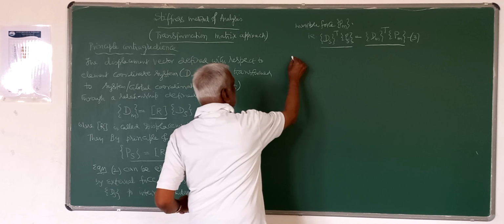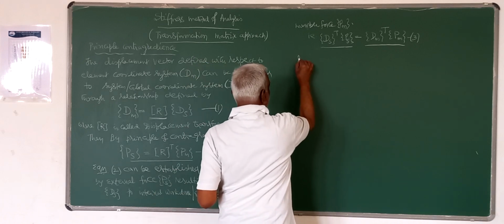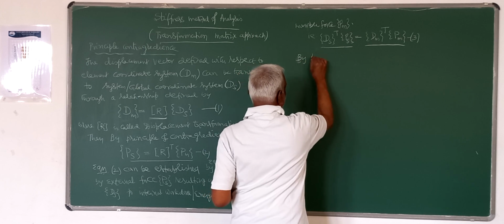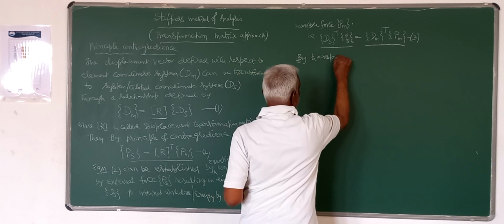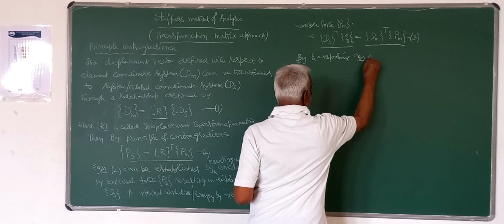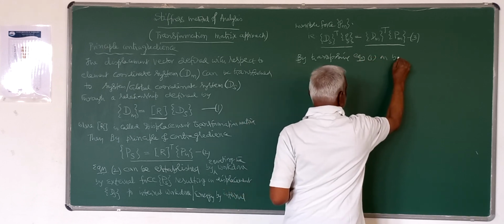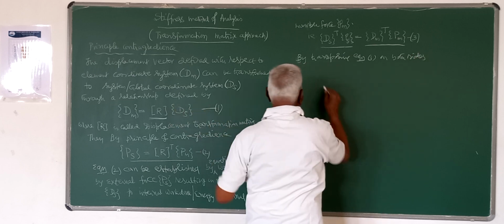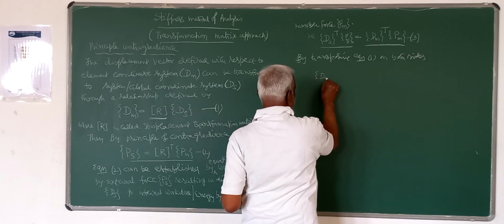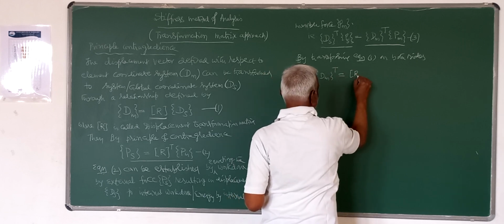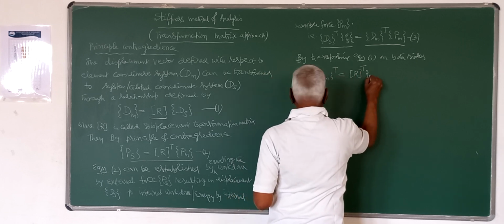Now, by transposing equation 1 on both sides, we get dm transpose is equal to R transpose into dx transpose.